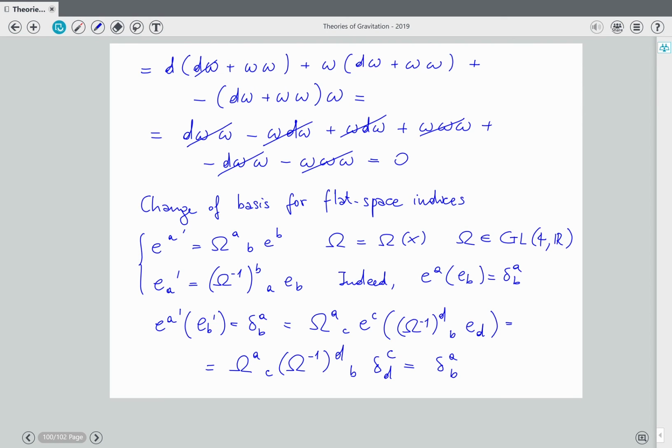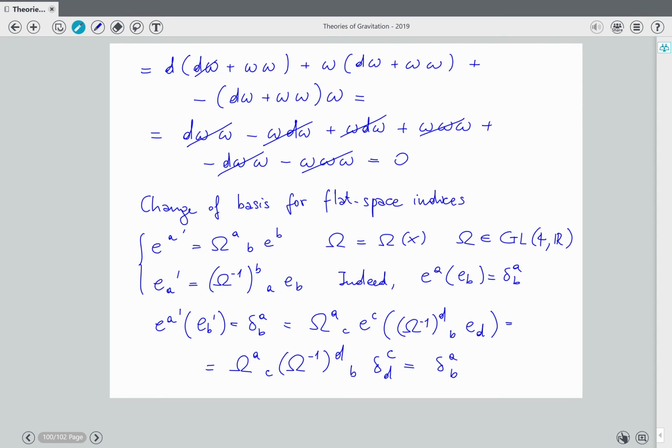Last time we were studying the change of basis for flat space indices, which means that we are changing the basis for the tangent space. But actually we always work with differential forms instead of vectors, so we are working on the cotangent space, but that's the same.